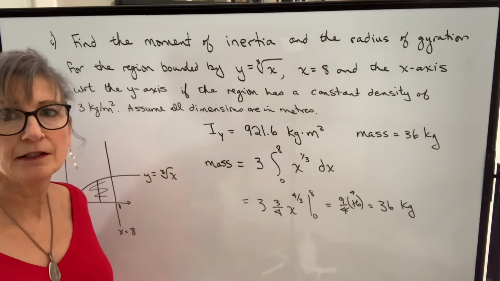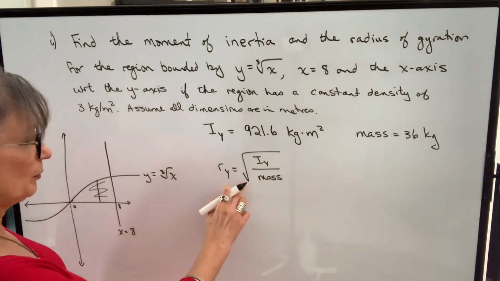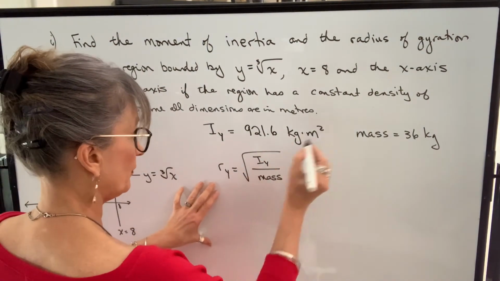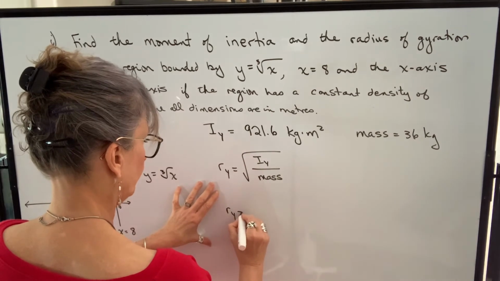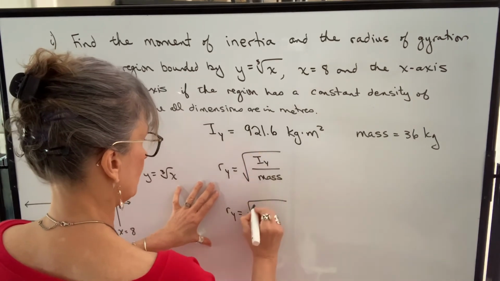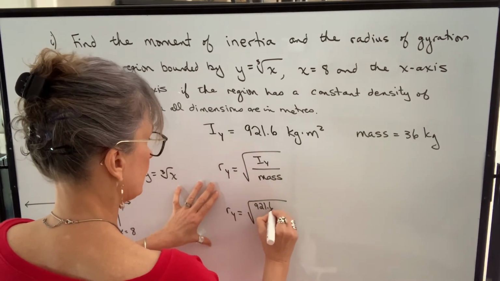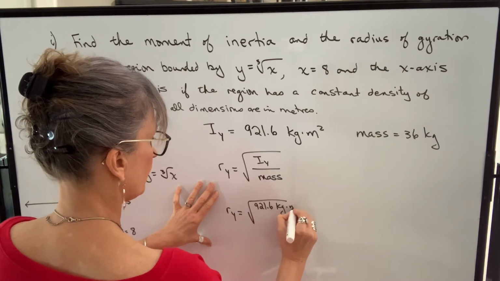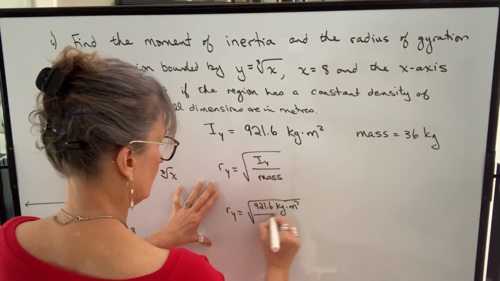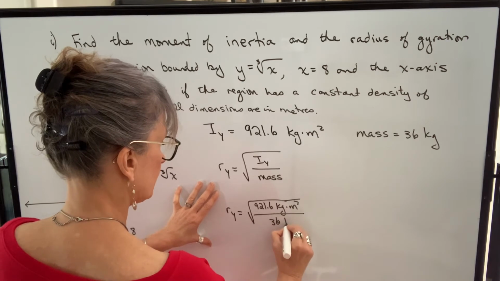Now we can find our radius of gyration. We will plug into this formula, and I'm going to put my units in. So it's going to be 921.6 kilograms times square meters divided by 36 kilograms.